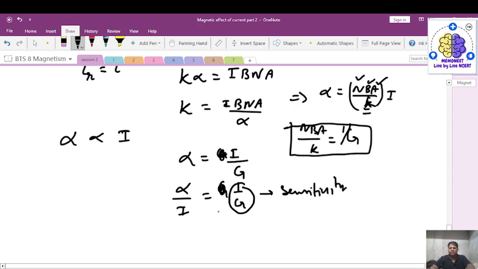It will give you degrees per unit current, and if it is calculated for current, it will be known as current sensitivity, right?